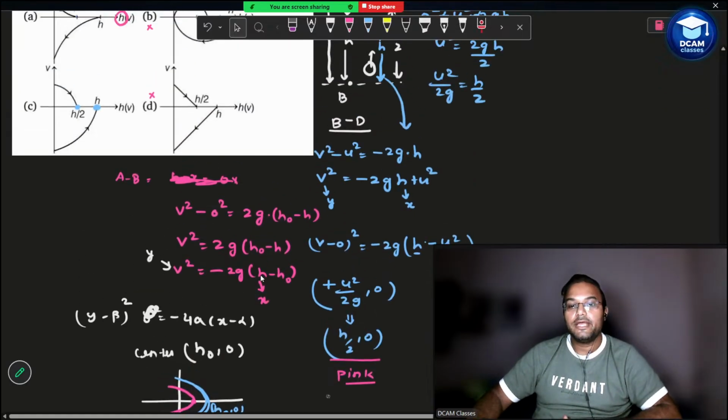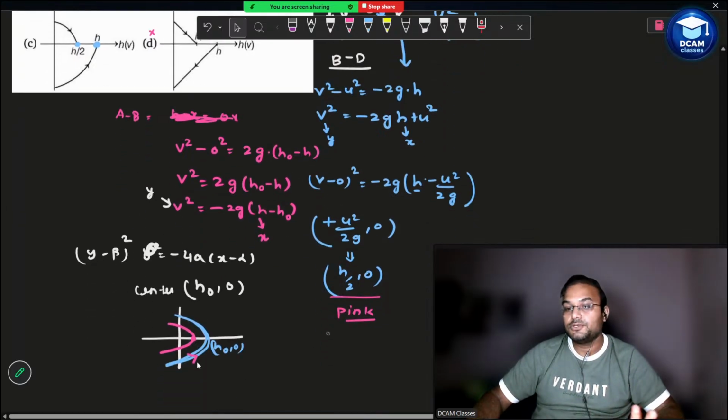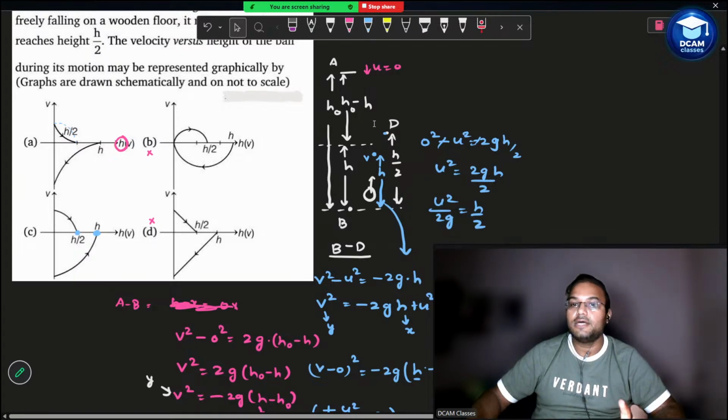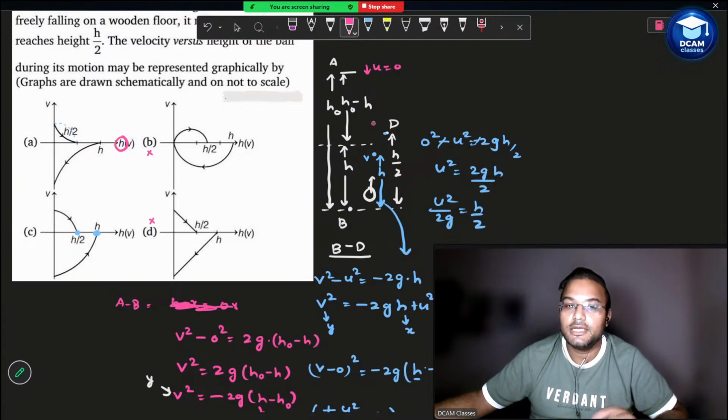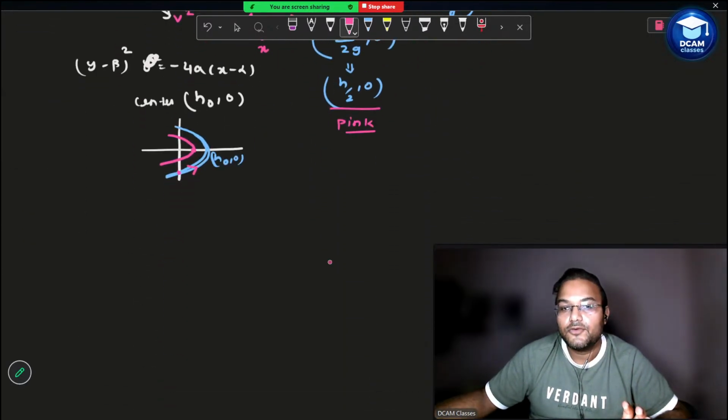But you have to take only that portion of the graph where, because if you have taken downward direction as positive, because he has taken h as positive. So for the first motion, because the motion has started from here to here, you will be taking this part only.